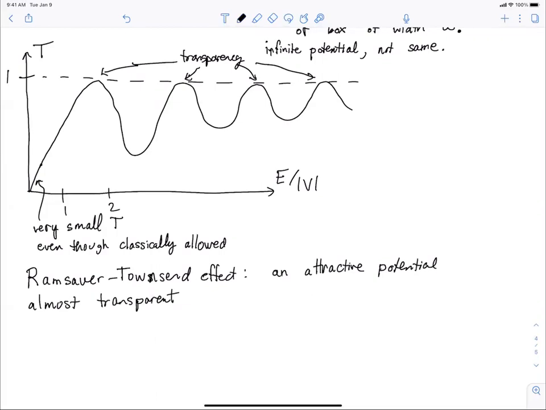That's why it's only approximate. So it's almost transparent to scattering for certain discrete energy values. And what discrete energy values are they? They're determined by the geometry.